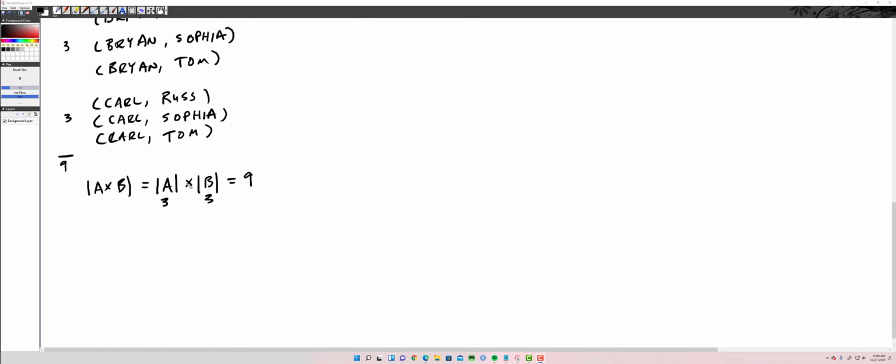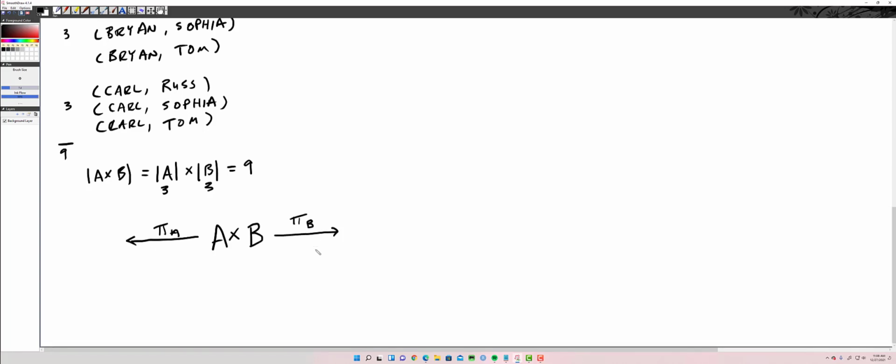Okay. So I'm going to just write something, and I'll kind of explain this in a second. Okay. This is where you get into some of that mean-looking category theory type stuff.